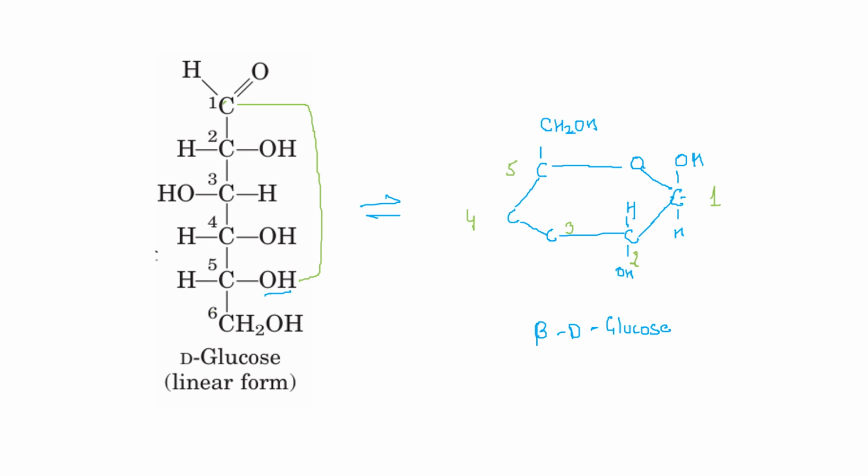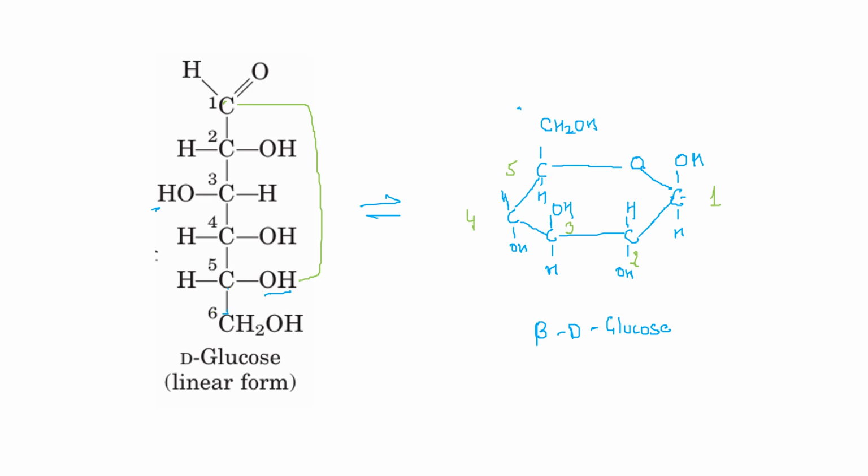On C3 the OH is on the left side, so on C3 this OH will be here, then H, H, and on C5 this will be H. If you know the linear structure, you can draw the cyclic structure easily. You can see over here to the C5, there is one C6 attached, a CH2OH group.